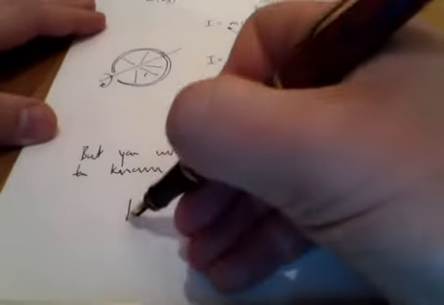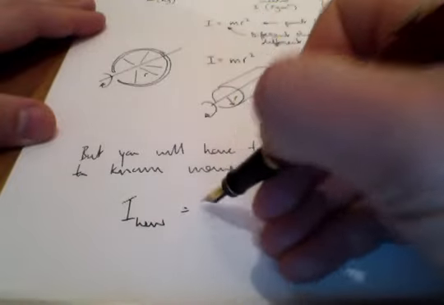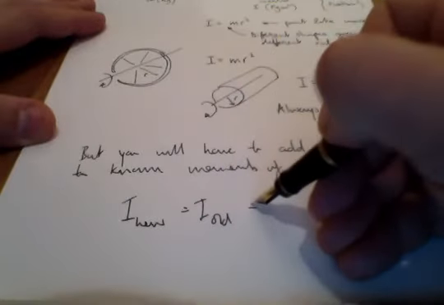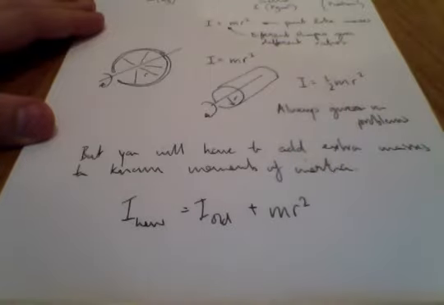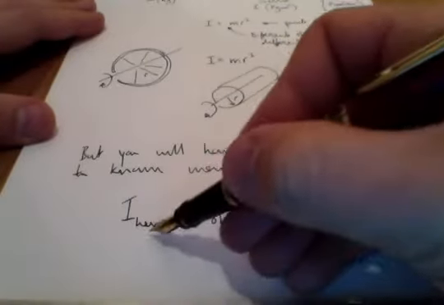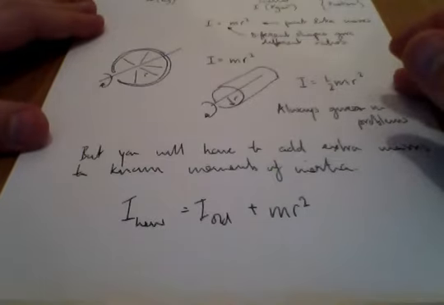For instance, I new is going to be I old plus the moment of inertia that you're calculating. And you might then have to use the new moment of inertia in a calculation.